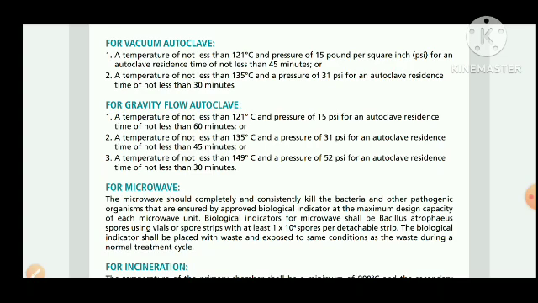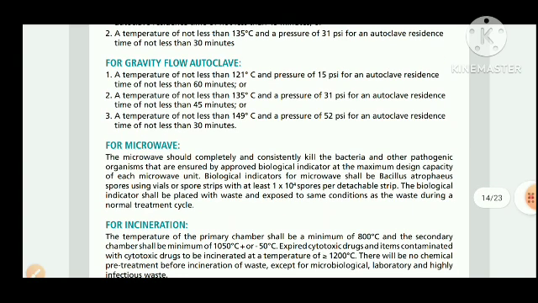Now in gravity flow autoclave, if the temperature is 121 and pressure is 15 psi, the residence time should not be less than 60 minutes. If we increase the temperature to 135 and pressure to 31 psi, the residence time decreases to 45 minutes. Again, if we reduce the residence time to 30 minutes, then the temperature goes much higher to 149 degrees Celsius and the pressure to 52 psi. Okay, next, microwave.